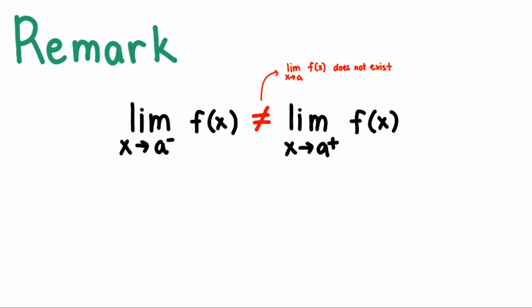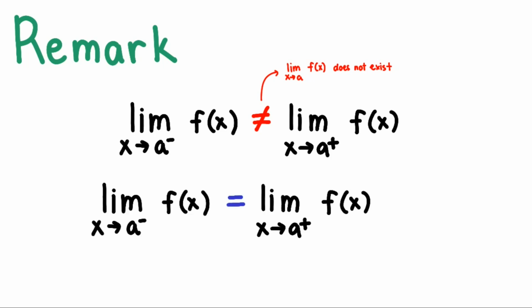Actually, the same is true if the two one-sided limits are equal. Let's say these two are equal to L, then we can conclude that the limit of f of x as x approaches a is equal to L. This is a remark that we need to take note of in order to answer the next example.